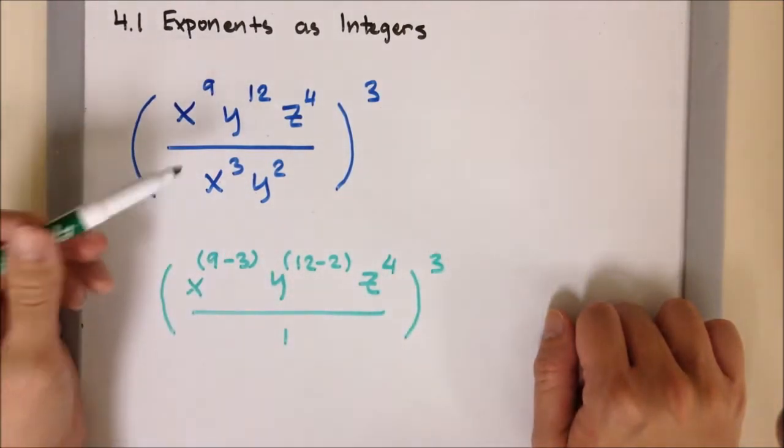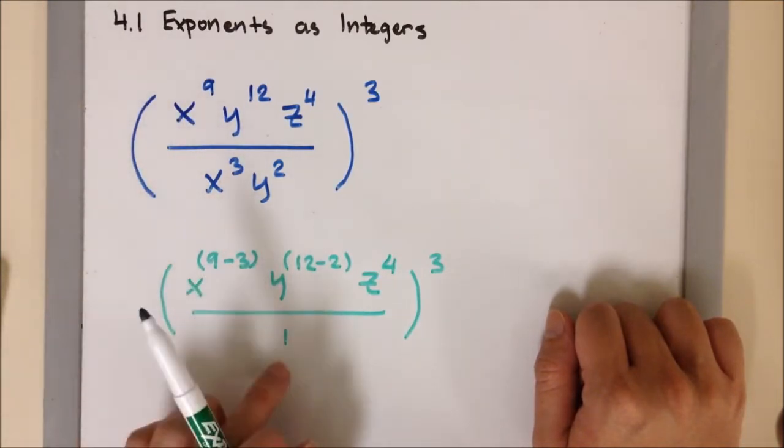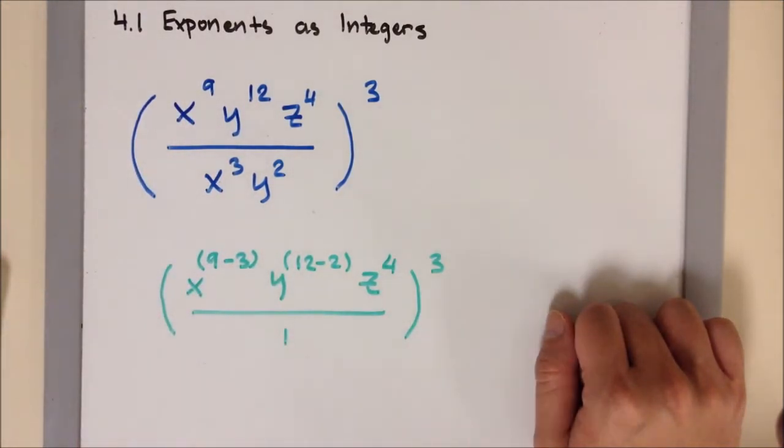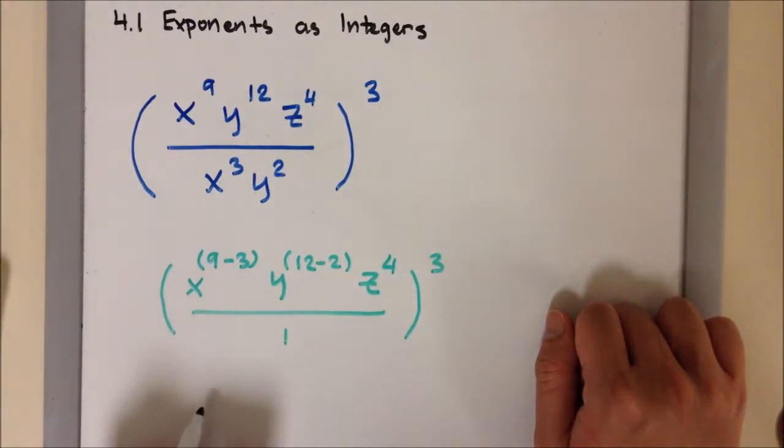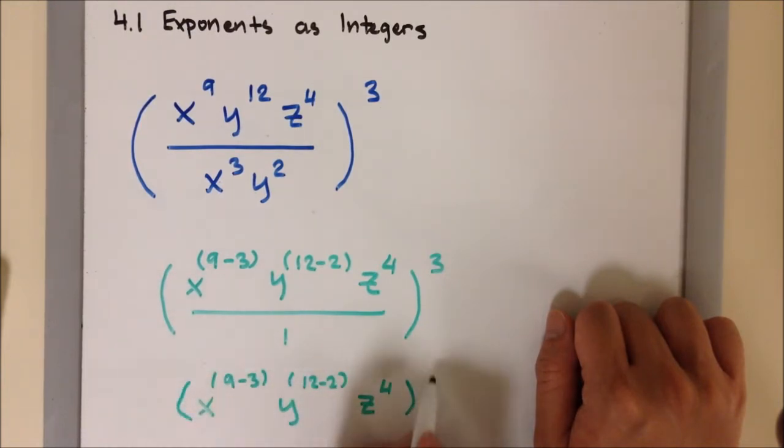So I simply move my x and my y to the top when I'm subtracting exponents, and it's just a 1 on the bottom. When that happens, it's the same thing as x to the 9 minus 3, y to the 12 minus 2, and then z to the fourth power. The whole thing powered by 3.